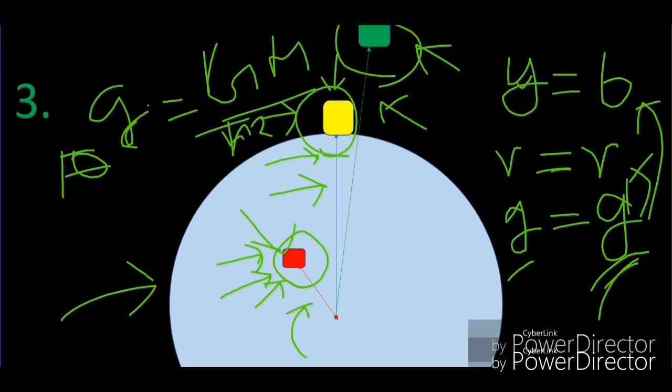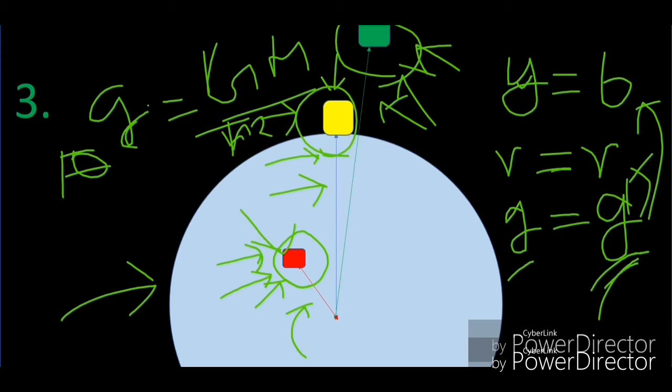And the yellow object has a greater gravitational acceleration and weight than the green object, and the green object has the smallest weight and gravitational acceleration of all the objects. And this is the final cause of why weight changes with place and time.